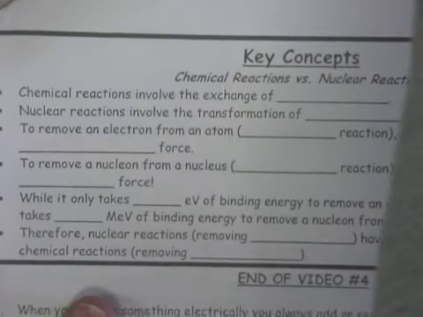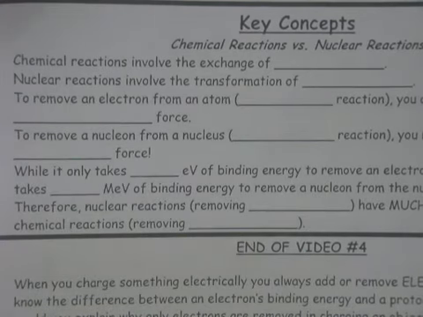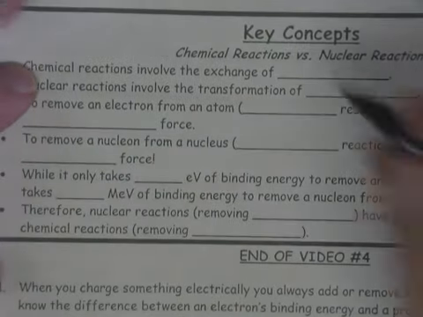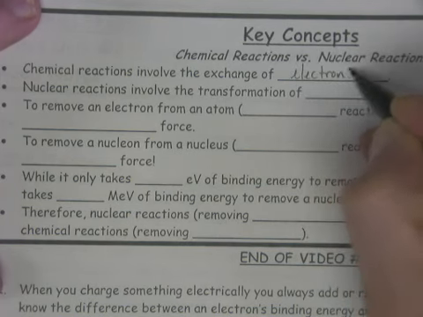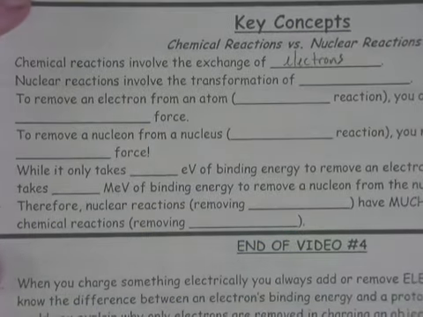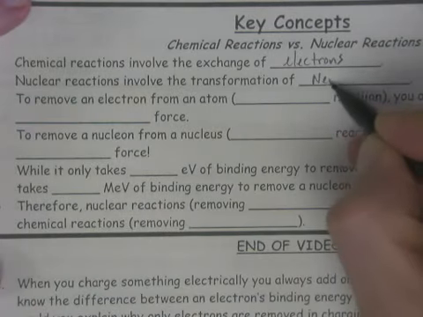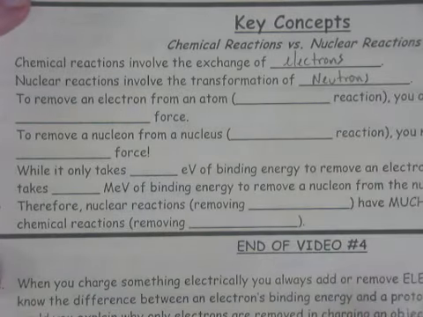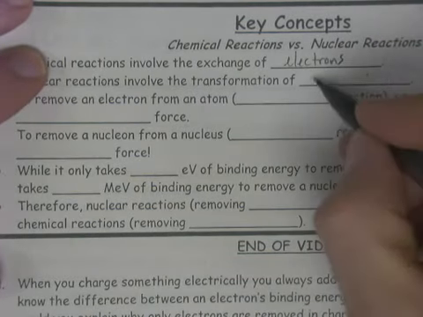All right, let's flip this over and let's do the key concept box and wrap up our last video. So basically, this is just a review of what we talked about. Chemical reactions involve the exchange of electrons, while nuclear reactions involve the transformation of nucleons.